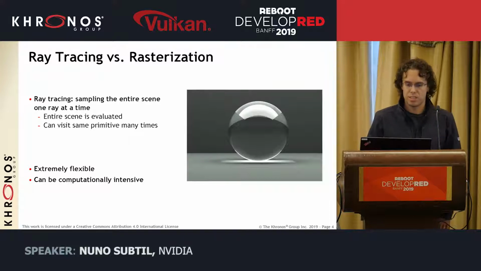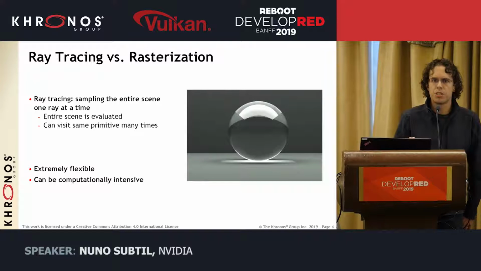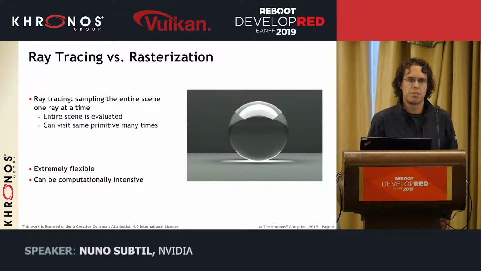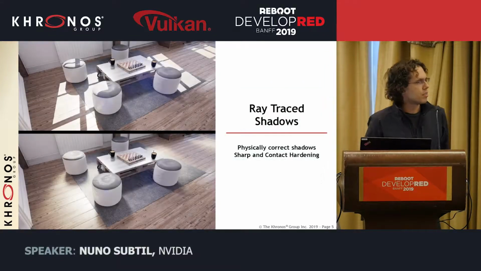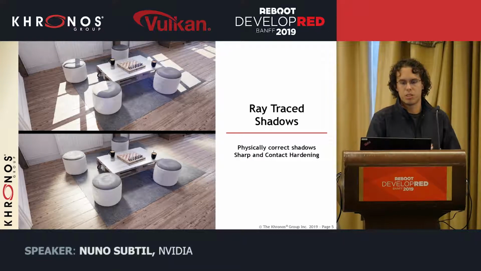Of course, the caveat is ray tracing can be computationally intensive, but we have now reached a point where current gen hardware is now capable of doing ray tracing in real time for certain effects, certain applications in real time. And I have a few examples of some of the applications we've studied at NVidia for real-time ray tracing.